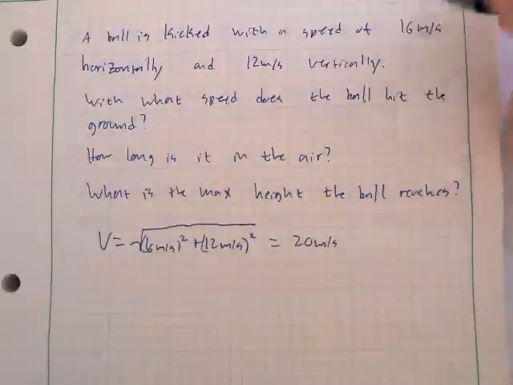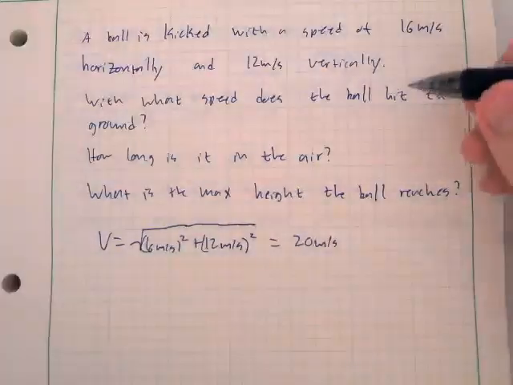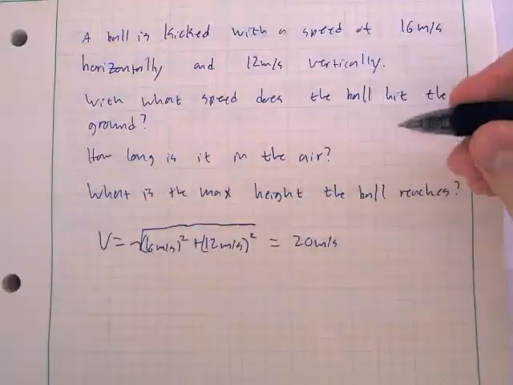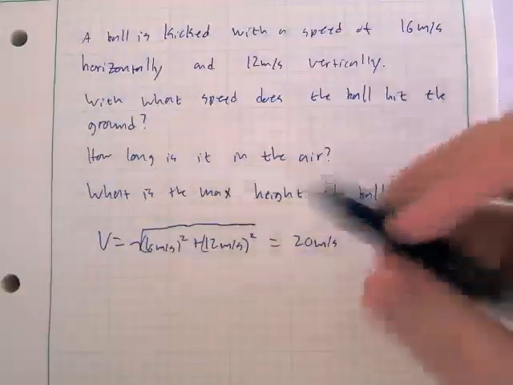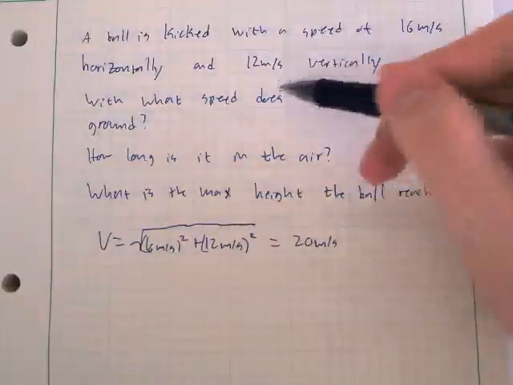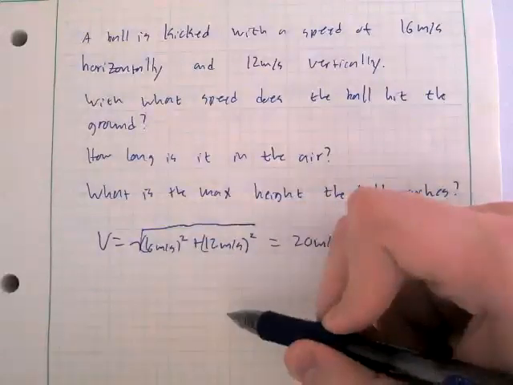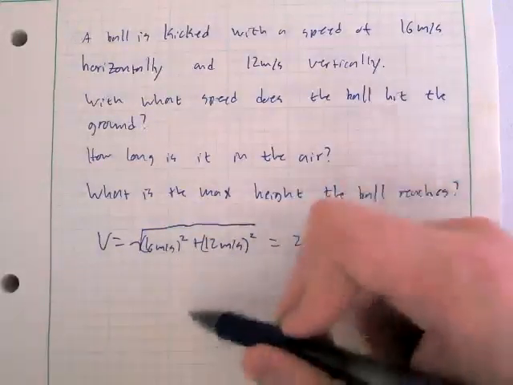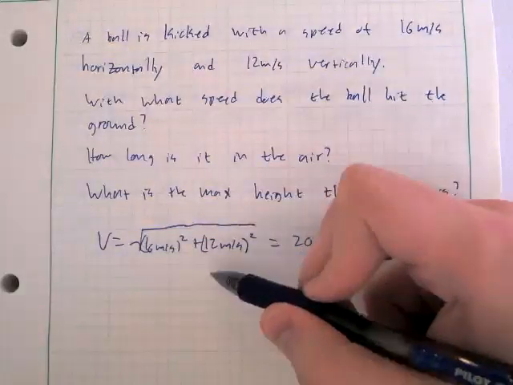In this case, we don't have anything about this ball not being launched on level ground, so it's safe to assume this ball is going to land at the same height that it started at. Based on the symmetry of the situation, I know the horizontal component is not going to change. For the vertical component, if it goes up and ends up back at the same height that it started at, the y component will start at 12 and slow down due to gravity.